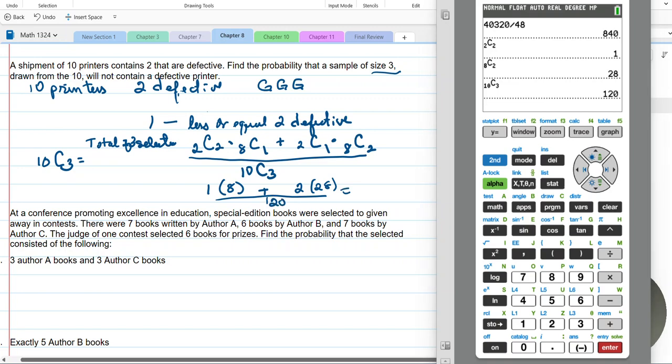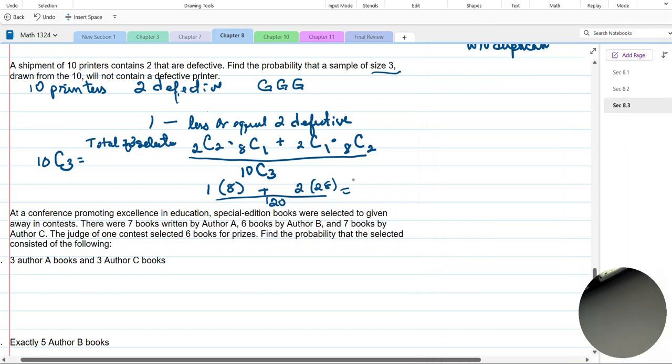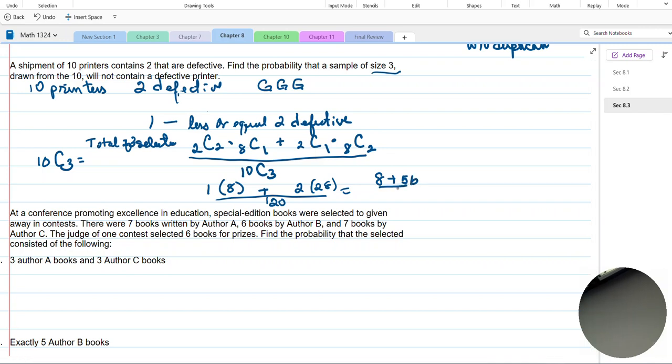So, as we do the math, let me see if I can do without it. So I'm going to have 8 plus 56, right, over 120. That gives me 64 over 120. And now I'll use the calculator again.